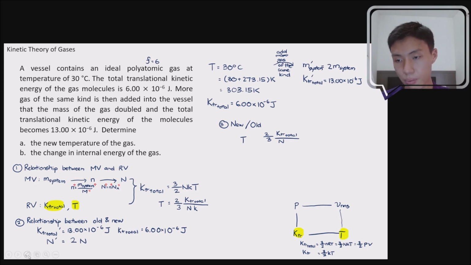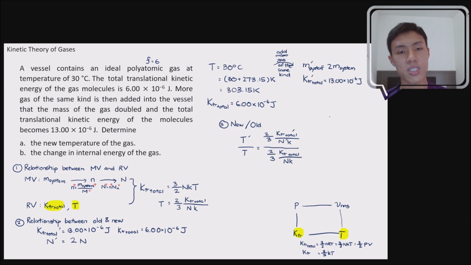So we are going to add prime for the N, add prime for KTR total, add prime for temperature. Then I'm going to divide by the old version of the equation, so everything without prime. So 2 over 3 KTR total divided by NK.